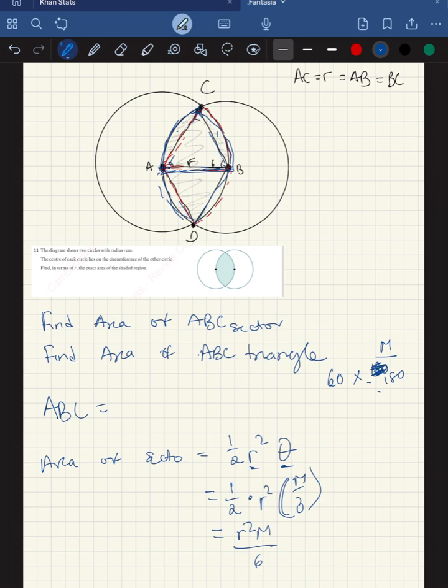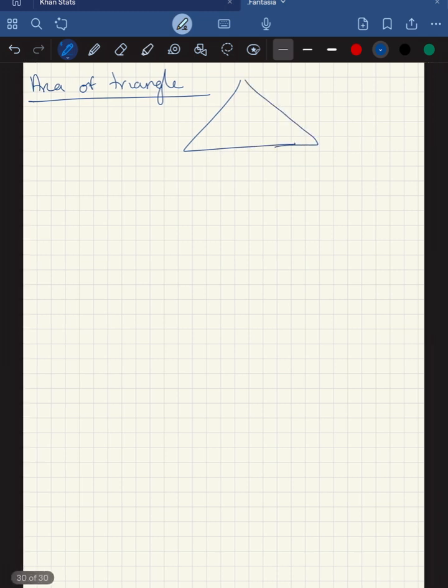And then what we want to do from there is find the area of our triangle. So what's the area of our triangle then? We have an equilateral triangle.